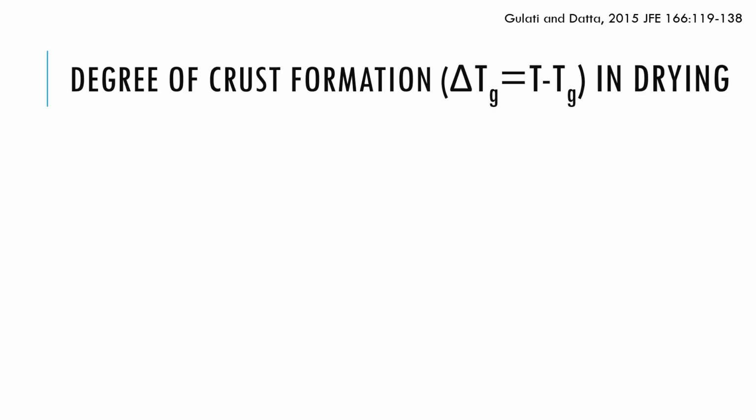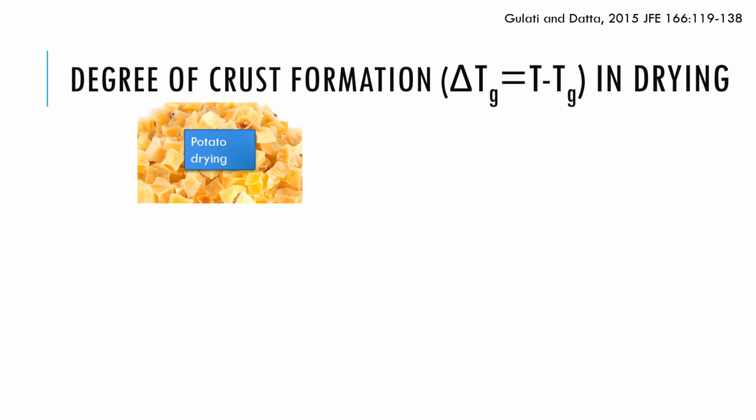In a drying process like in potato drying, the outer layer can form a hard shell, and it can form perhaps too soon in drying. So this hard outer shell is referred to as case hardening, and that is a quality issue in the drying process, meaning it causes a problem in terms of the quality of the dried product.